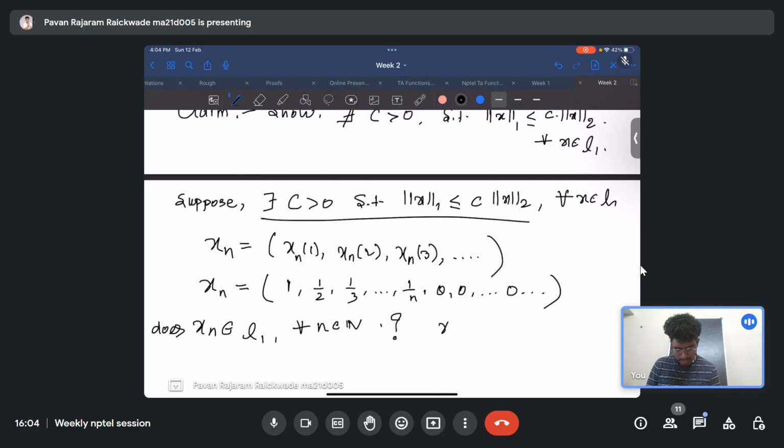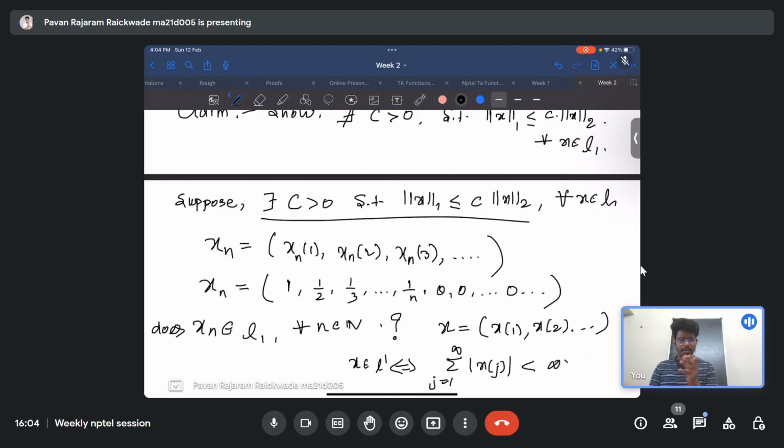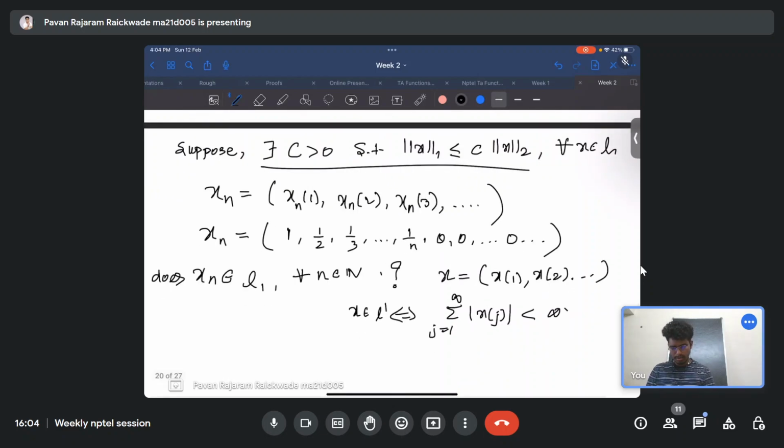If you consider any sequence x, x at 1, x at 2, like this for infinity, then x belongs to L1 means summation of modulus of xj, j going from 1 to infinity, is finite. L1 is just the set of all absolutely summable sequences. So is xn absolutely summable? Yes, because they are just finitely many non-zero terms. After a finite stage, everything is zero. So for every n, xn is in L1.